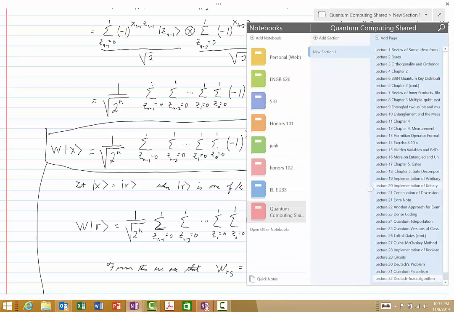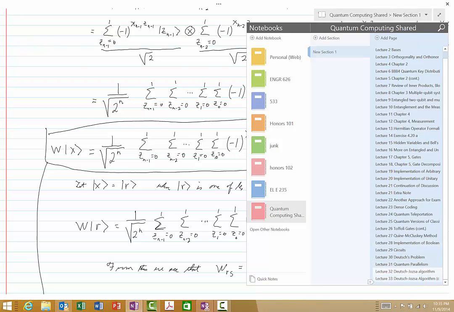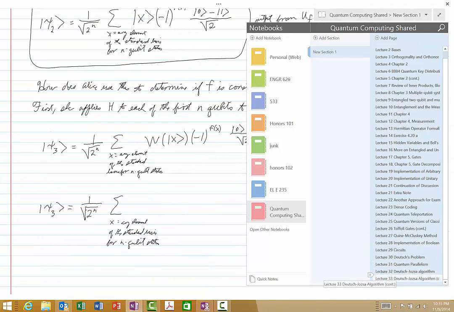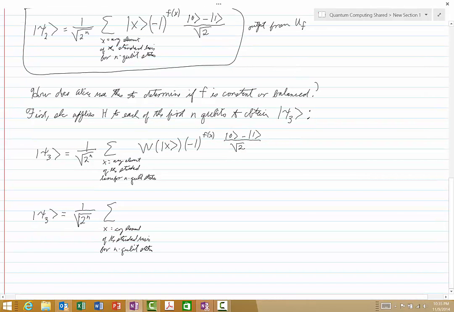So coming back over here then to lecture 33, we get now the summation over z equals any element of the standard basis for n-qubit states.